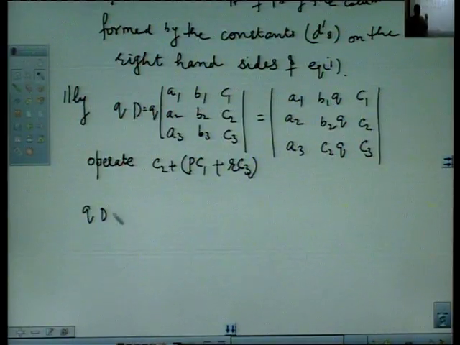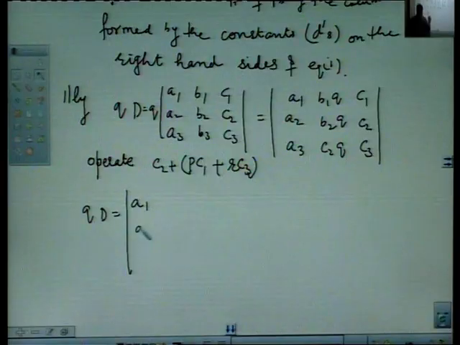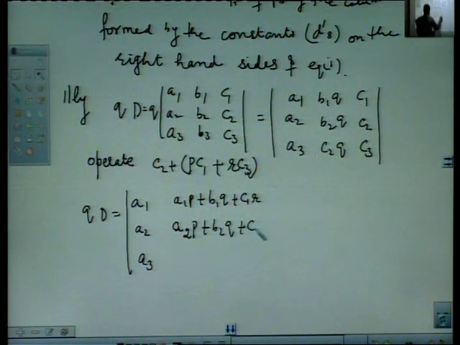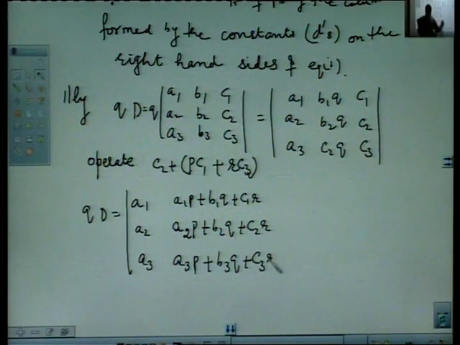Now in QD the first column remains as it is, the second column is A1P plus B1Q plus C1R, and similarly A2P plus B2Q plus C2R, and A3P plus B3Q plus C3R, and the third column remains as it is.